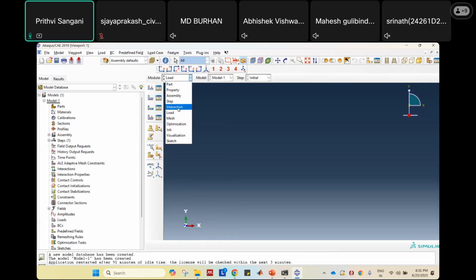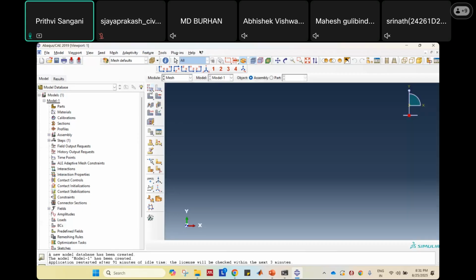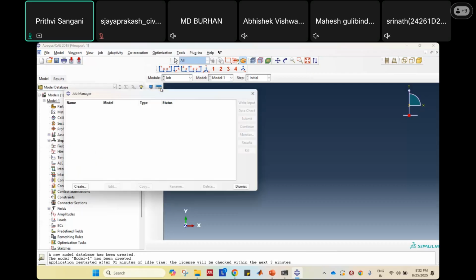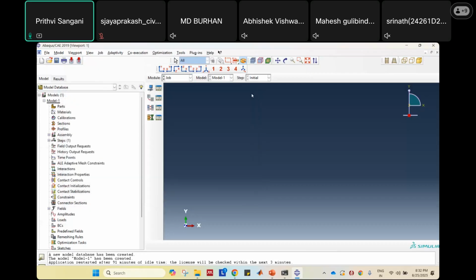What is the other part I was mentioning? I was mentioning meshing. So in this meshing, you see these dots, right? What do these dots mean? This is your discretization. You are discretizing your beam and you are making it a mesh. Then there is this part called job. There you'll go and you will run the model which you have built, and then you'll see the results in visualization.